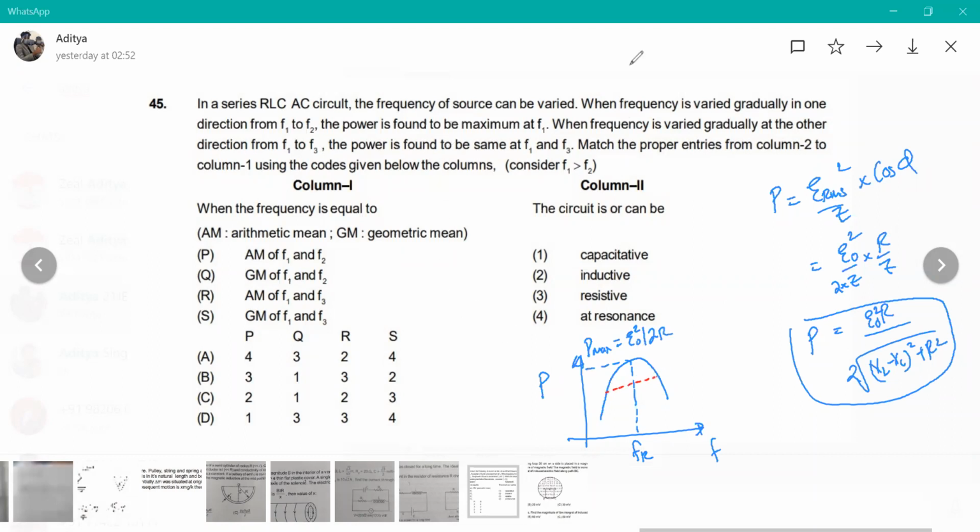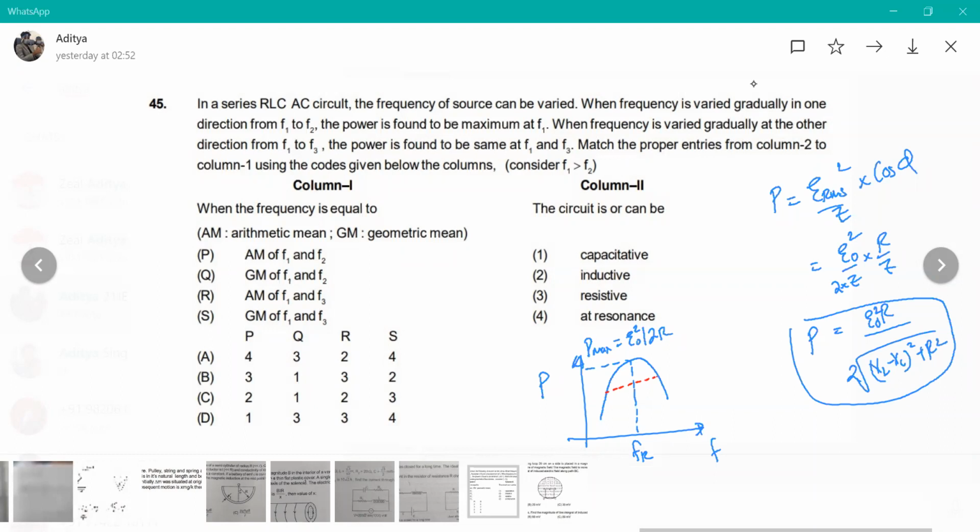But now they've given information like this, that see what is happening when frequency is varied gradually in one direction from F1 to F2, the power is found to be maximum at F1. When the frequency is in the other direction from F1 to F3, the power is same at F1 and F3.